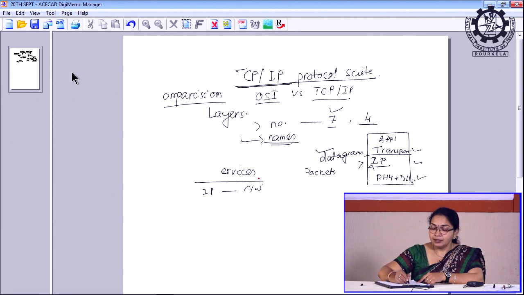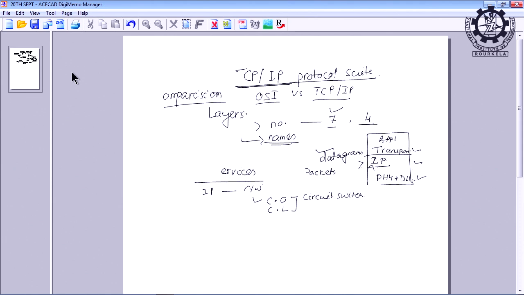If you compare the IP layer or the network layer, in the OSI model the network layer supports both the connection oriented and the connectionless service. So, we have circuit switching which supports the connection oriented, and packet switching which supports the connectionless. While coming to the IP layer, this TCP/IP protocol suite only supports connectionless service, or the packet switch concept.